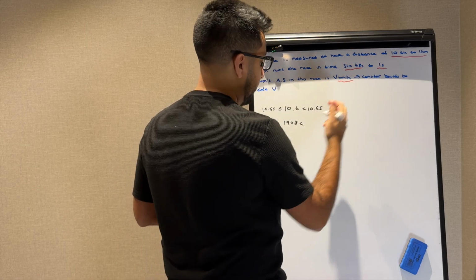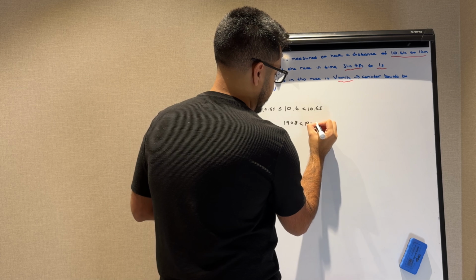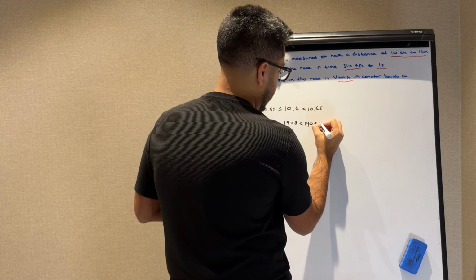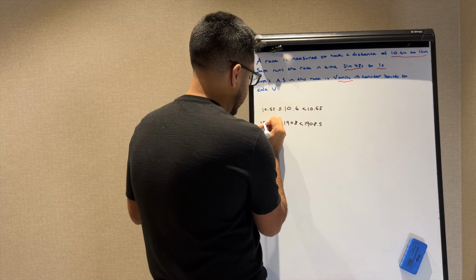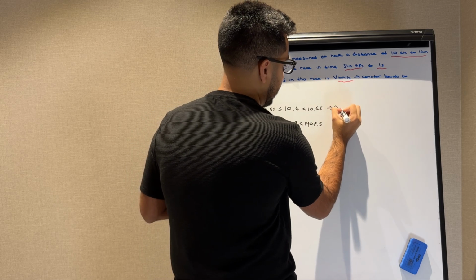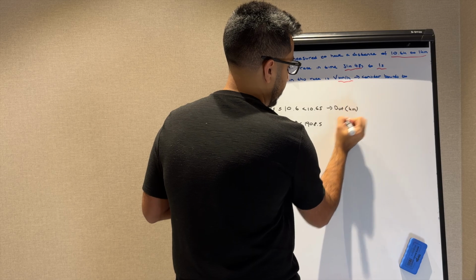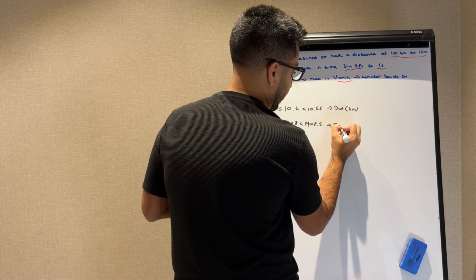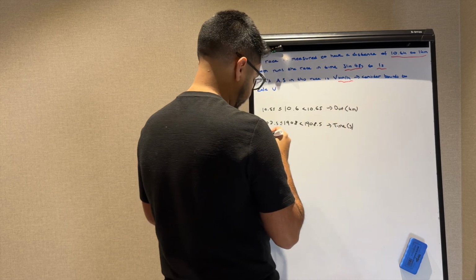And again, half the one, which is 0.5, giving us 1908.5 and 1907.5. So this is distance in kilometers. This is time in seconds.